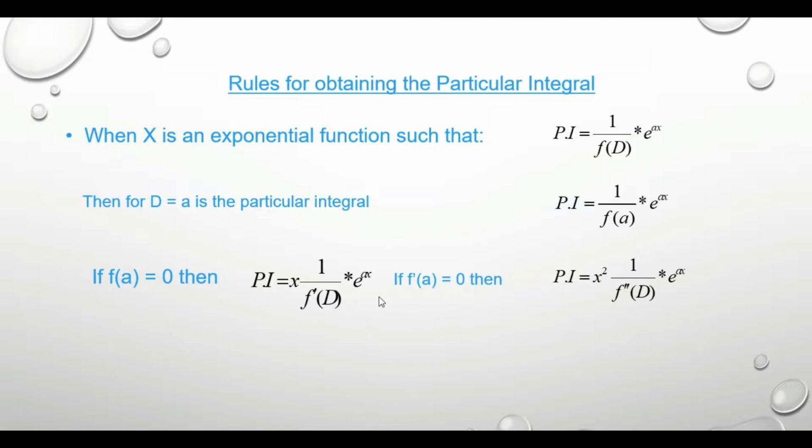Then we substitute again D = a into f'(D), and if it is 0, we have to apply the same case of failure, which is multiplying by x again and taking the derivative of f'(D), in this case the second derivative. But if it is not equal to 0, then we proceed with the solution of the equation.